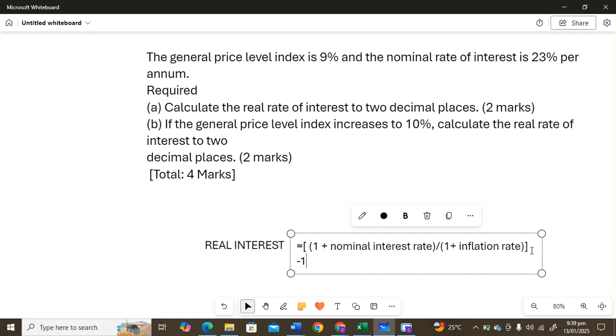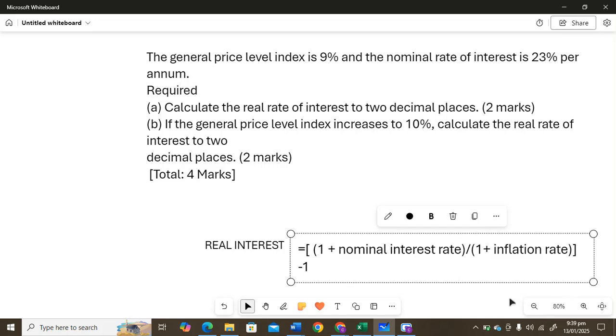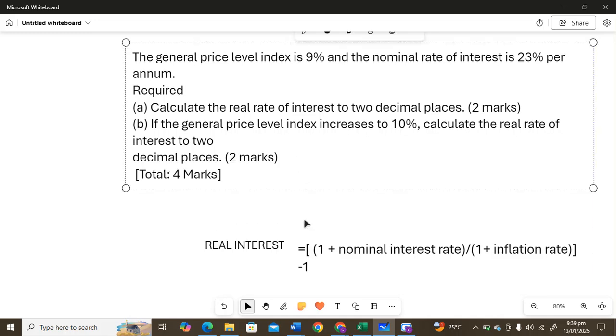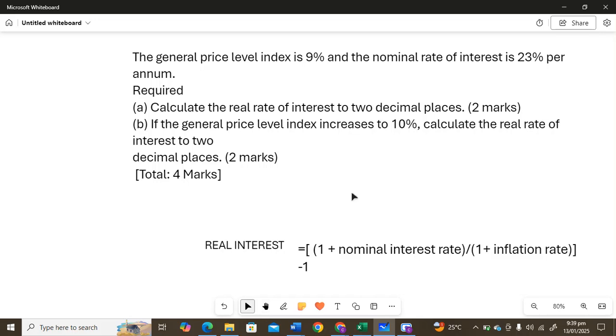Okay, colleagues, this formula has just been derived from the previous formula I showed you, so do not get confused. We've just made real interest the subject of the formula.